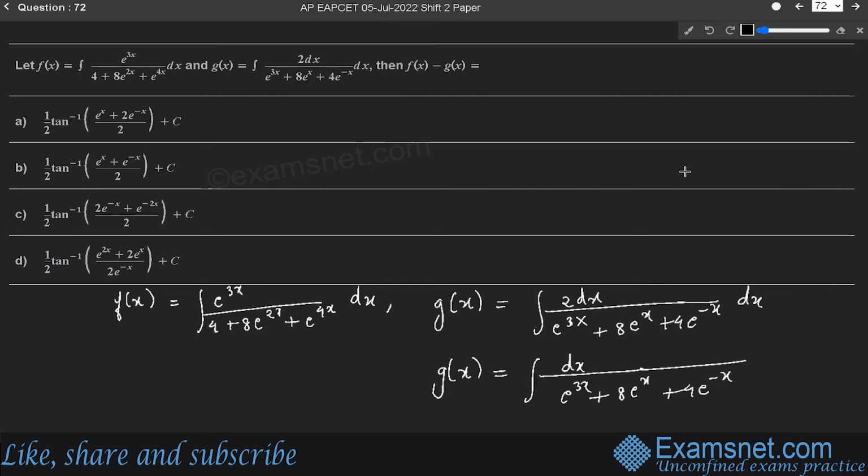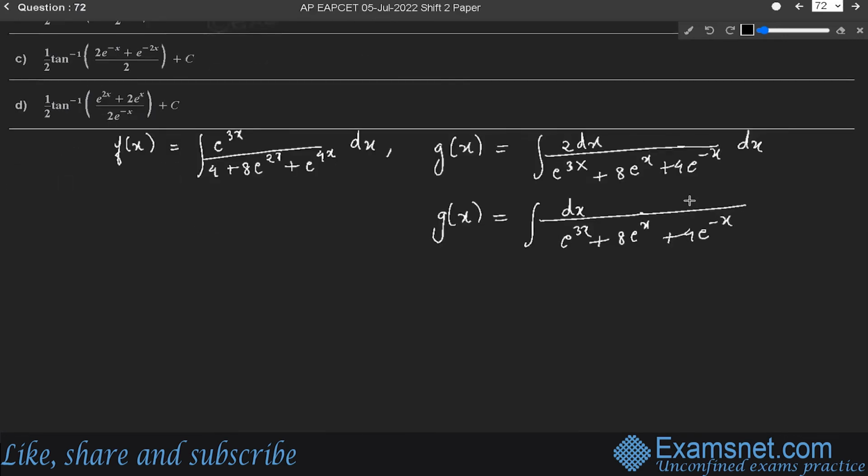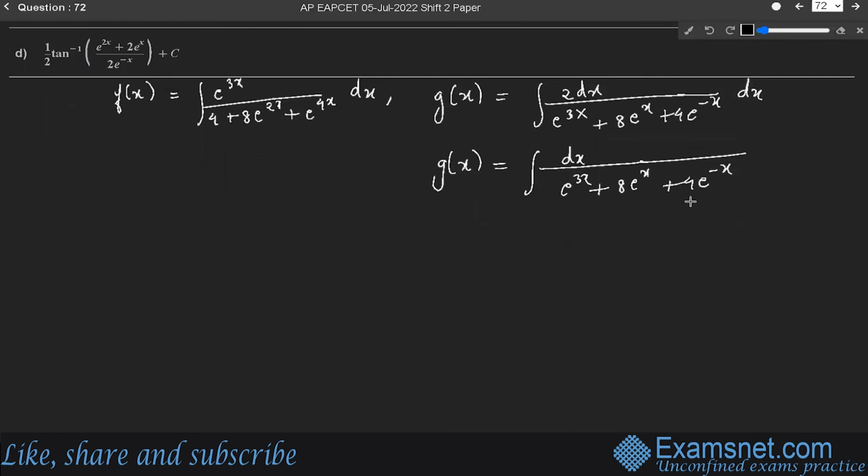Now we have both the functions here. Multiplying and dividing with e power 2x, f of x will be equal to integral of e power 2x into dx divided by e power 3x plus 8 into e power x plus 4 into e power minus x.